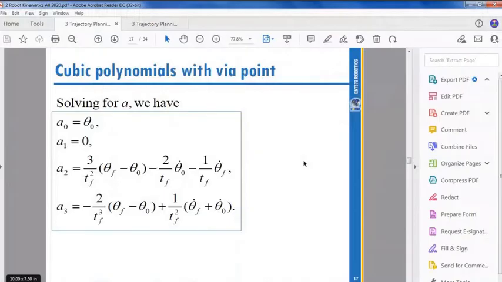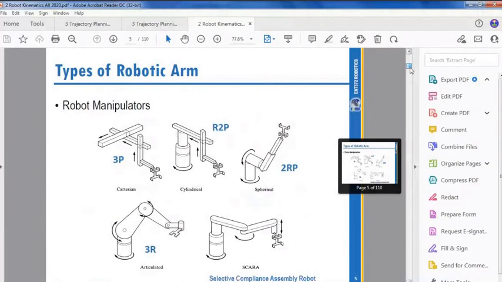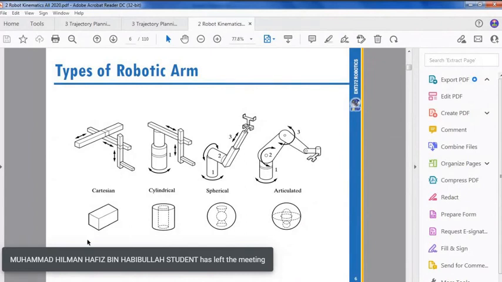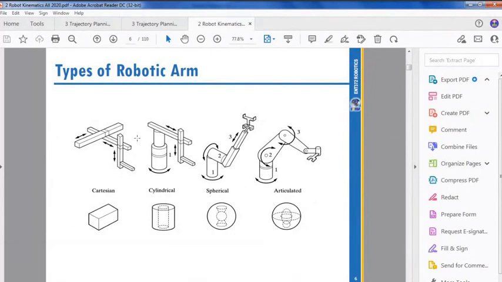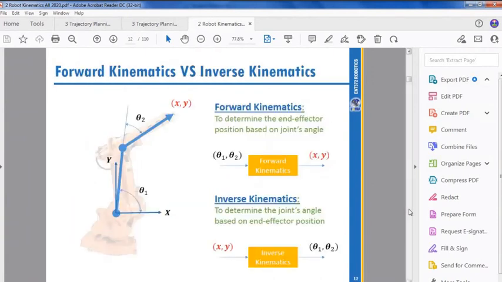Nampak tu. Inilah working envelope. Yang ramai tak lukis tu. 2 markah. Bukan yang ni. Yang bawah ni. Ni working envelope. Kalau cekap lagi lukis yang macam ni.